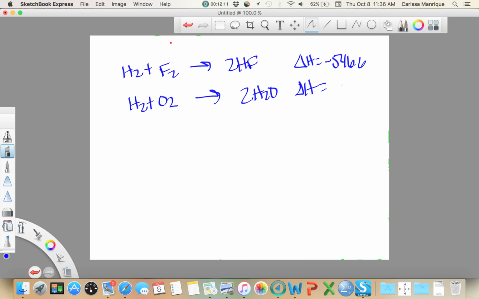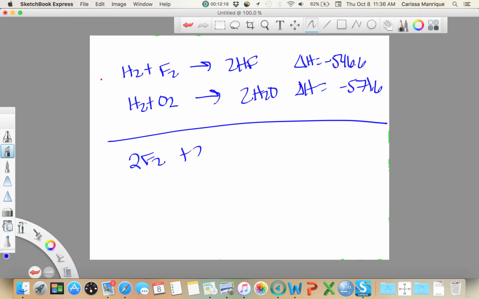Delta H equals negative 571.6. And our final equation we're trying to get is 2F2 plus 2H2O goes to 4HF plus O2. And we're trying to find the delta H of this problem. Well, sometimes delta H is hard to find.